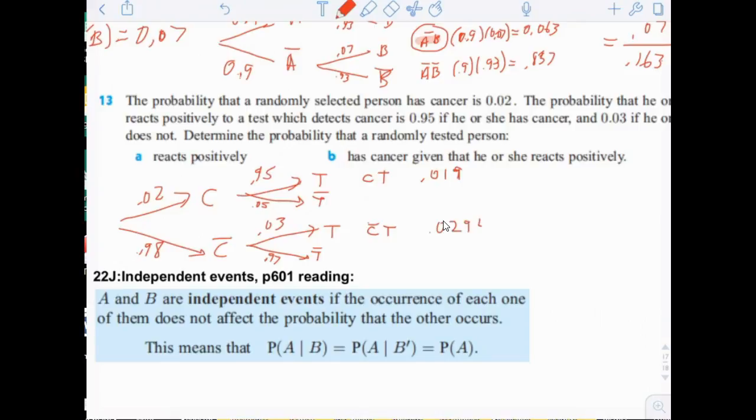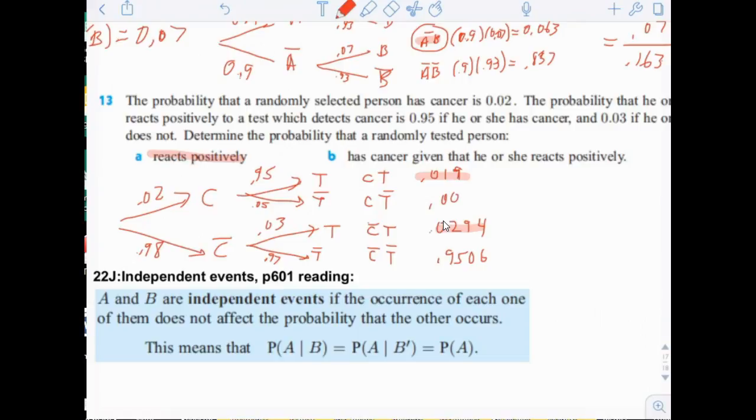Adding these two together is going to give you the answer to reacts positively. I know we're going to need more than this, so we're going to go ahead and multiply everything out. So we'll do CT naught and C naught T naught. C naught T naught is 0.98 times 0.97, which is 0.9506. And the top one is 0.02 times 0.05, which is 0.001.